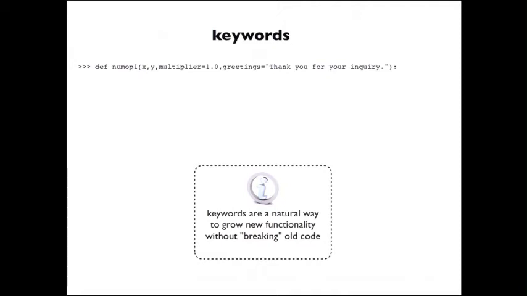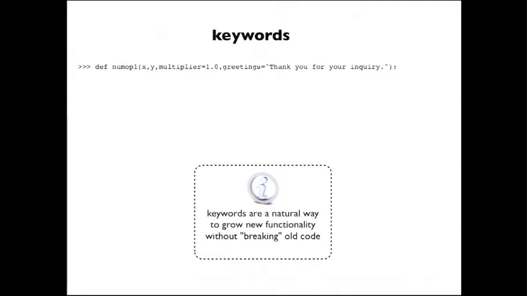But here, what I would do is use keywords as a way to add to and augment the returns of a given function that I've been using throughout my workflow.